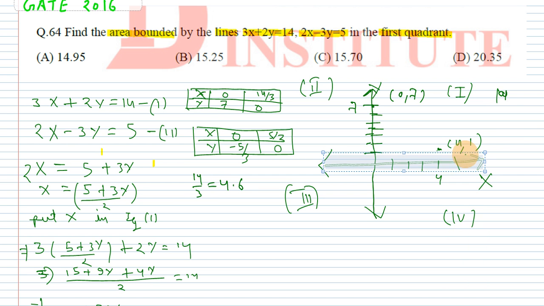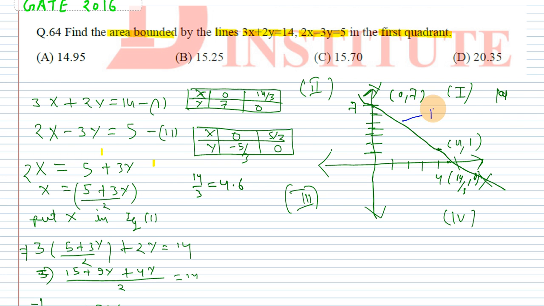So x equals 14 by 3 comma 0 will be the point over here. So the line of equation 1, which will be forming from these 3 points, will be this one, right? So the first line equation we have written is representing this one.